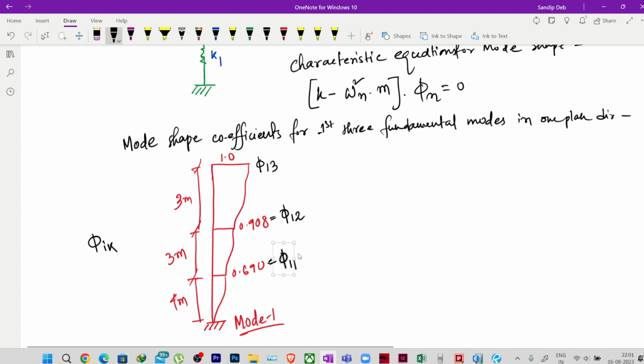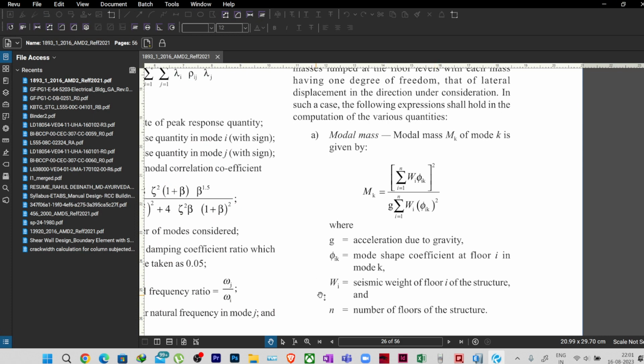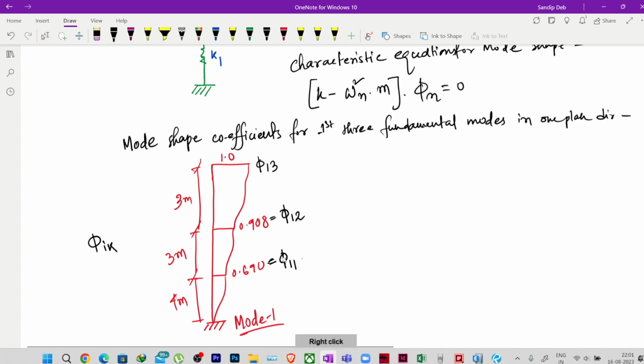As in our code, phi ik is the mode shape coefficient at floor i in mode k. So floor i means first floor, first mode, second floor first mode, third floor first mode. Correct?